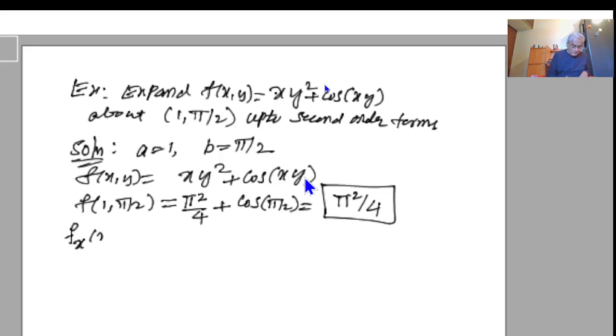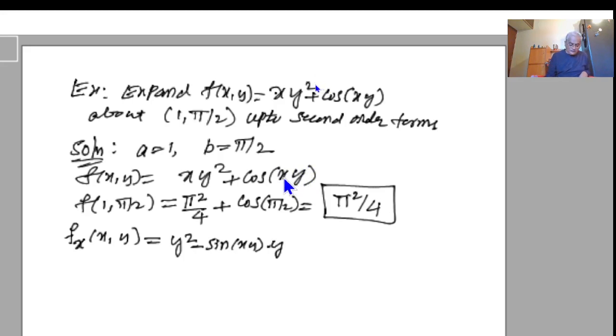fx of x comma y is equal to differentiating f with respect to x. So here I am differentiating with respect to x. Y square is a constant quantity. Derivative of x is 1. So this is y square plus cos derivative is minus sin of xy into xy derivative. I am differentiating with respect to x. Y is a constant quantity. X derivative is 1.